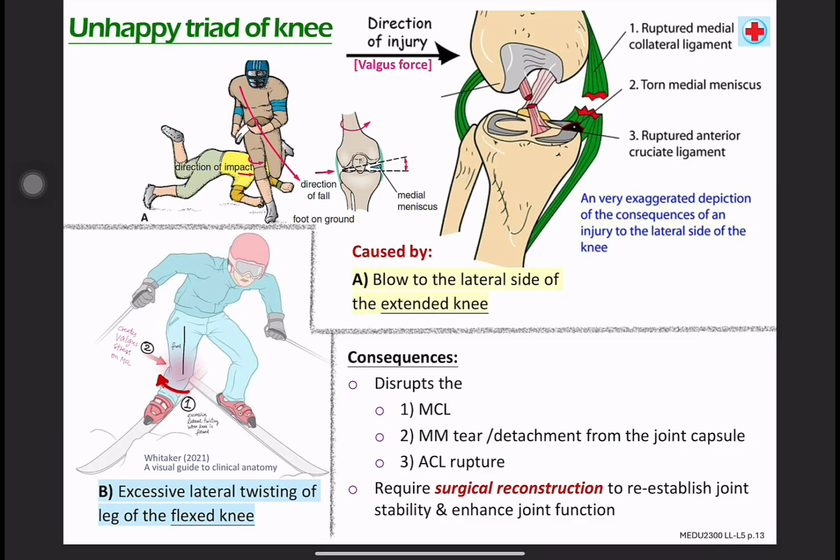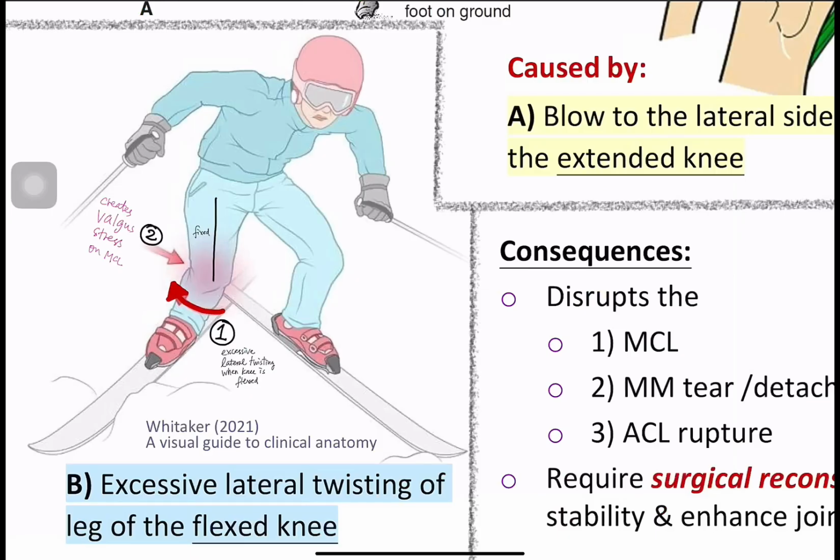The valgus force applied to the lateral knee stretches the MCL, because the MCL is firmly attached to the medial meniscus. This meniscus is also damaged. Additionally, the ACL, which is already tightened in this extended knee position, can rupture under the additional stress.